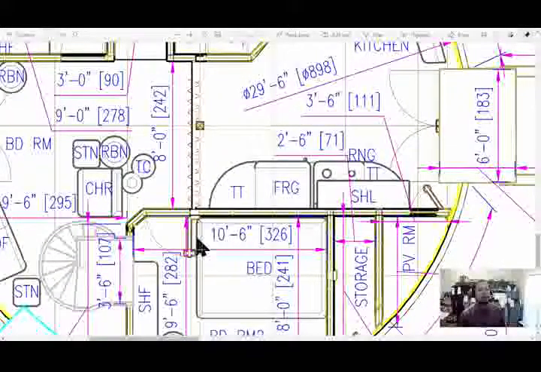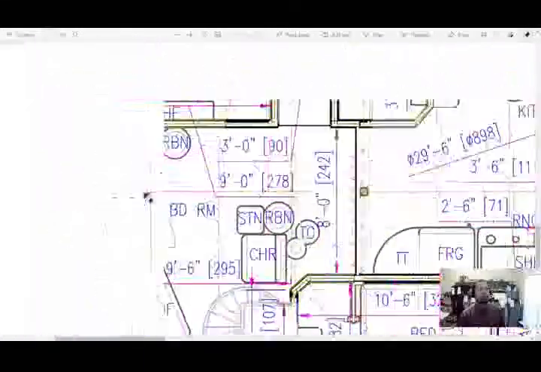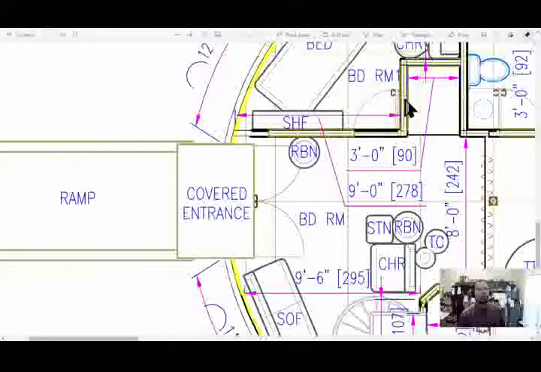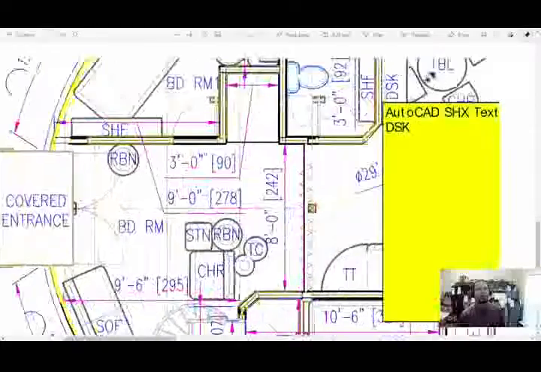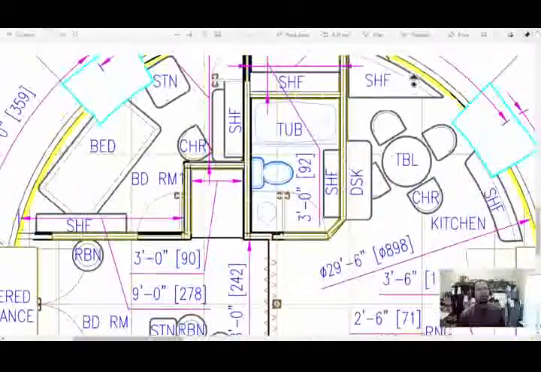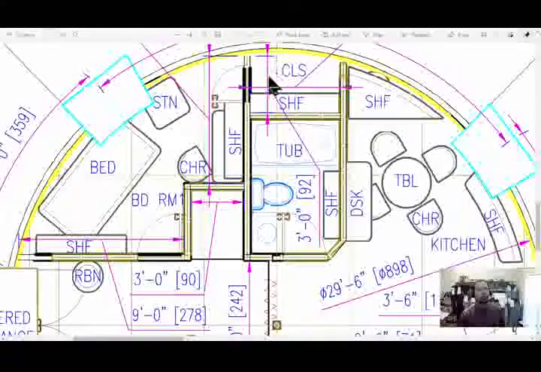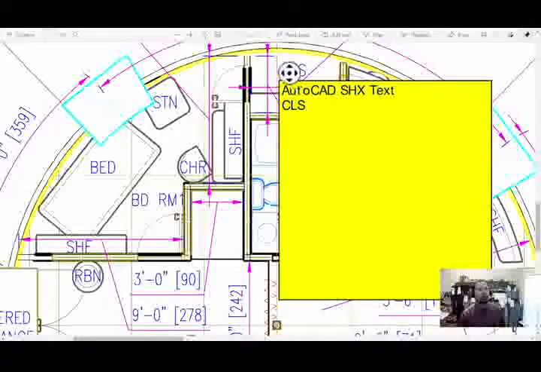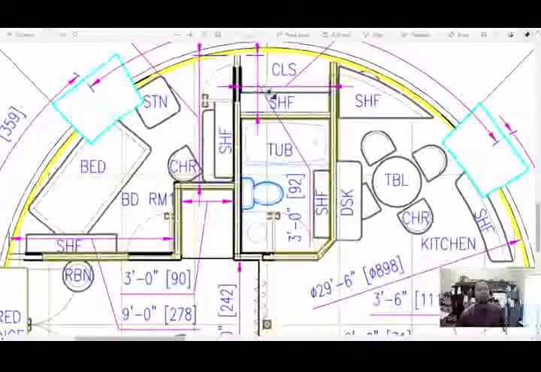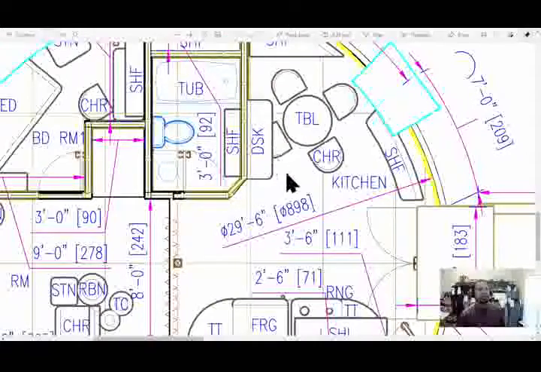It also details where the doors are for each room. For example, one door here. You can see another door right there. You can see the curve or the arc for each door swing. Shows the areas like the kitchen.